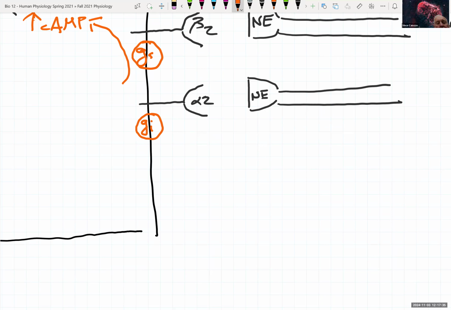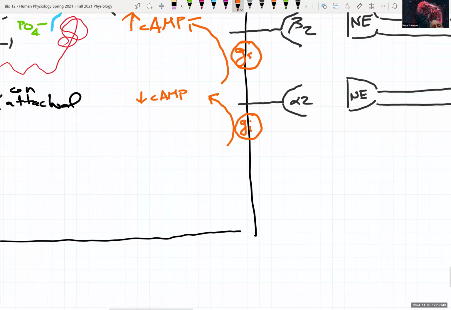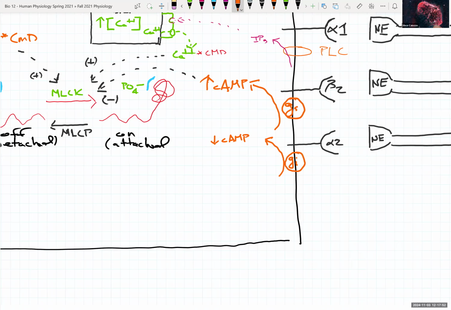So this would cause cyclic AMP levels to go down. This actually would have a beneficial effect for force production because it would remove the inhibition of cyclic AMP on myosin light chain kinase.